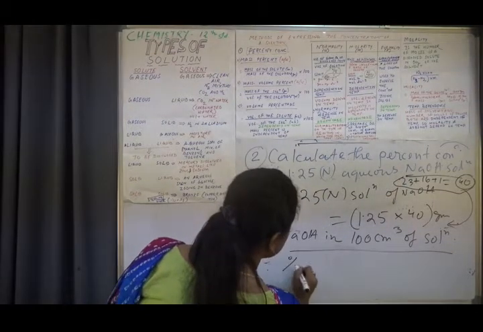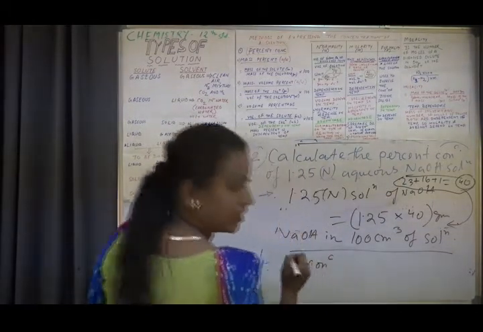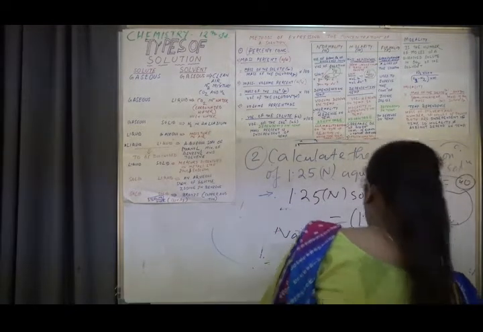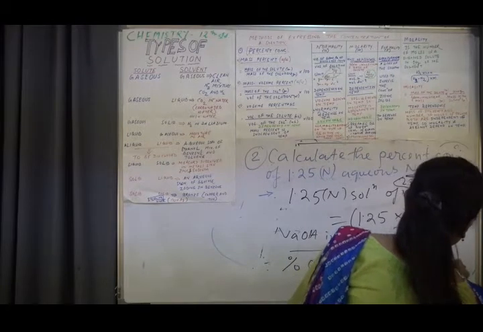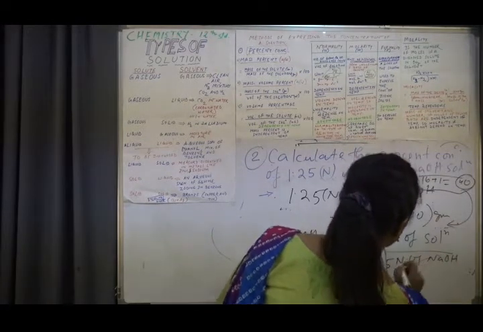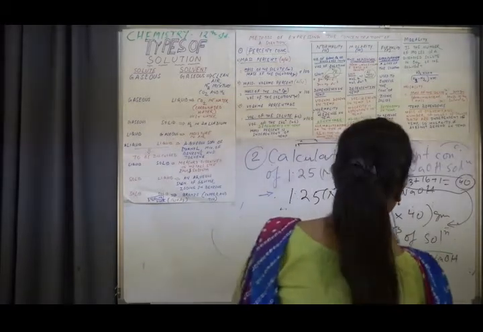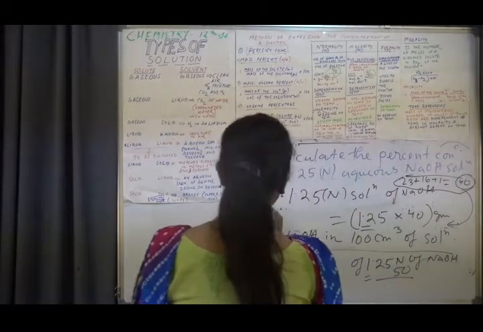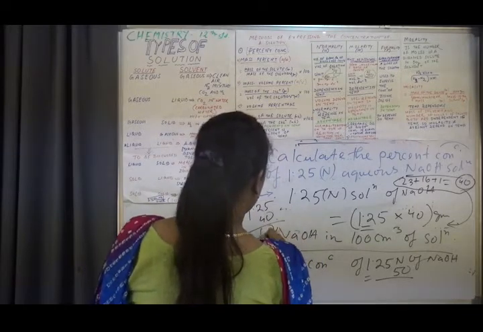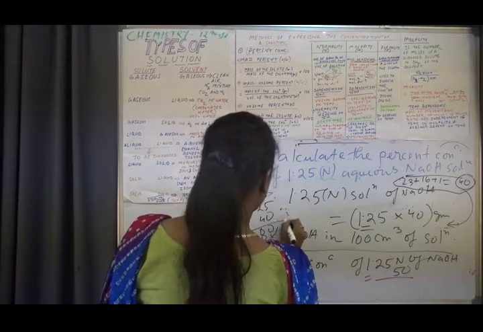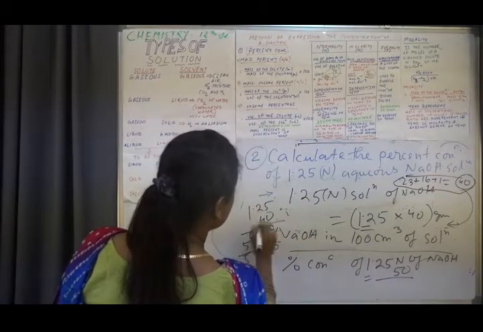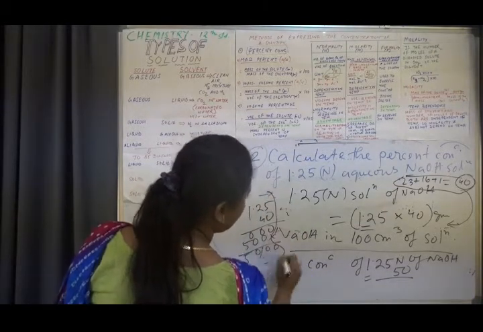So NaOH in 100 centimeter cube of solution. Therefore, the percentage concentration of 1.25 normal NaOH will be, 1.25 into 40 is coming 50.